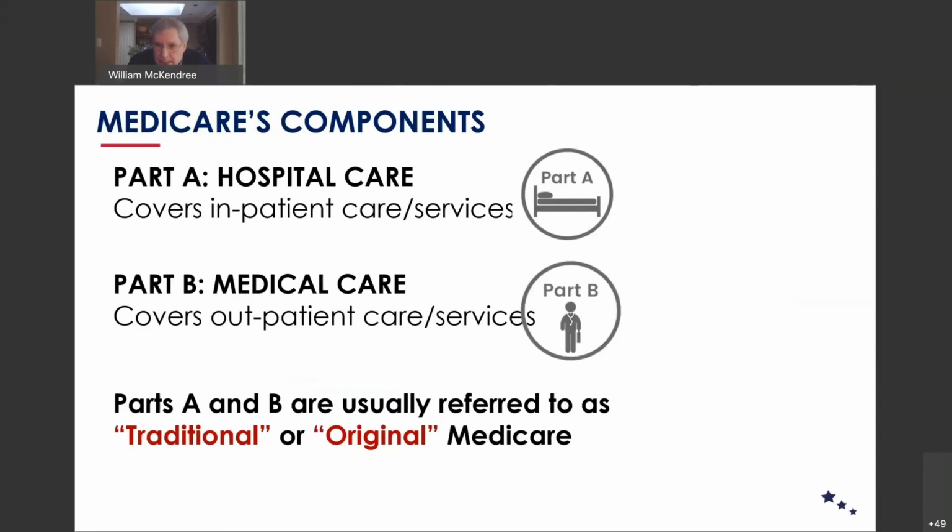So the governmental platform, the initial benefit parts that you're going to pick up is the Part A, which is a significant coverage for inpatient care, and Part B, which is a significant coverage for outpatient services. Neither of those, though, are going to be comprehensive, and it is likely that in addition to that, you're going to be adding private insurance products. These represent the platforms that you must establish first before you can add any of the other products to it. They're often referred to as original Medicare or the traditional Medicare.